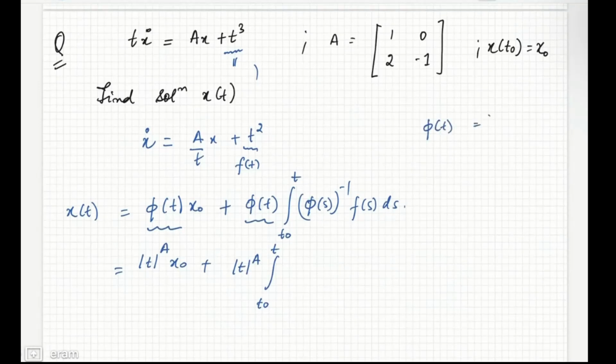Phi t is t to the power a. What will be phi t inverse? Okay, it will be just t to the power minus a, and instead of t we have to write s, so it is s to the power minus a.